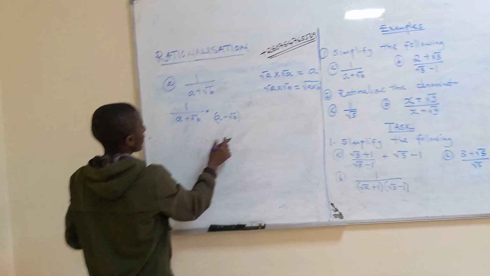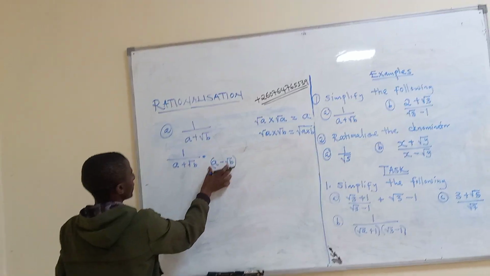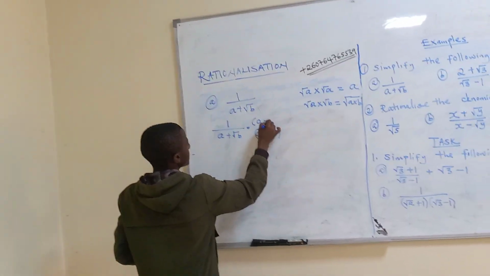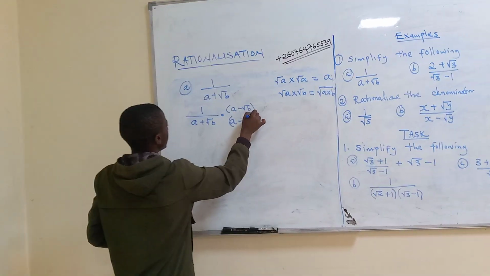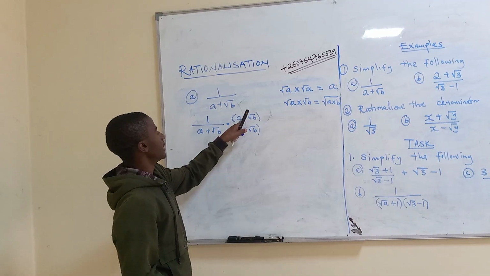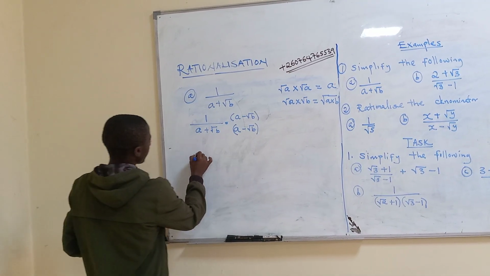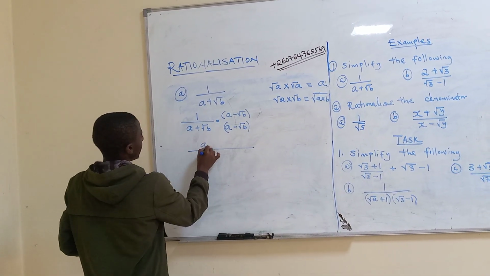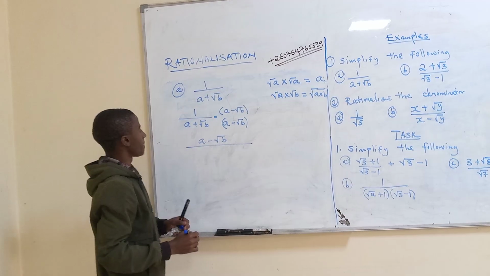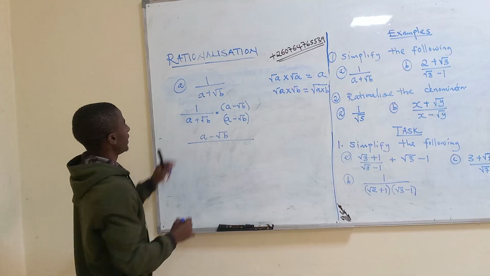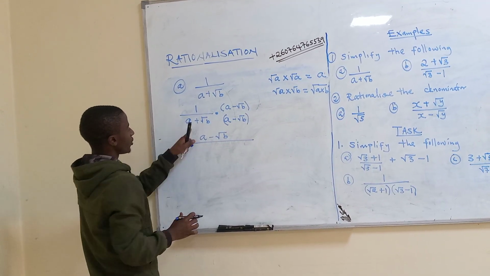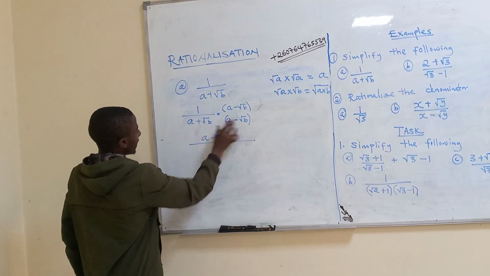We are multiplying the denominator with its conjugate, and also the numerator, that is a minus square root of b. So when you multiply 1 times this, you are going to obtain a minus square root of b.